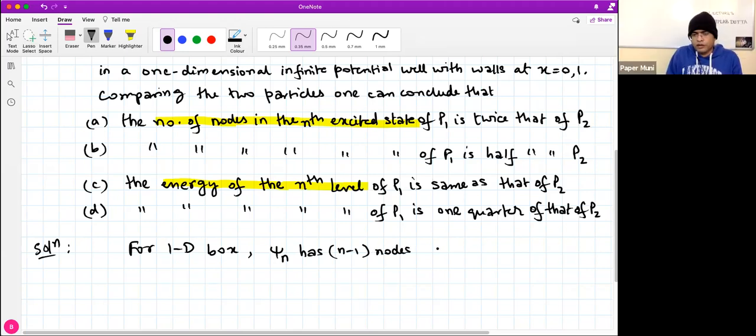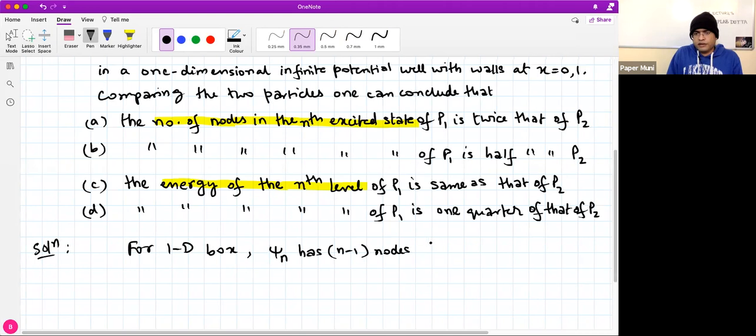So in this case we see that the number of nodes is independent of the size of the box.